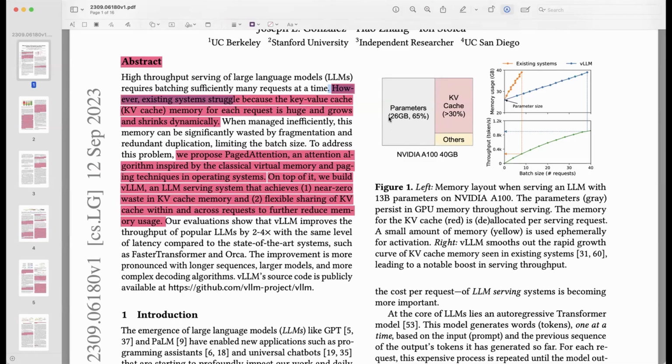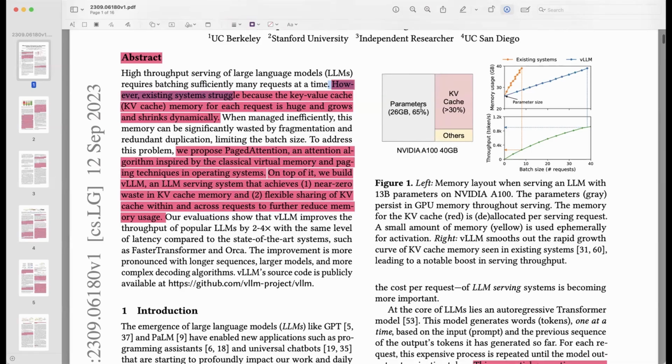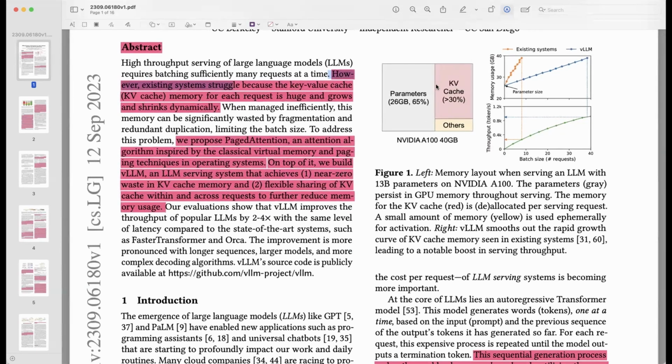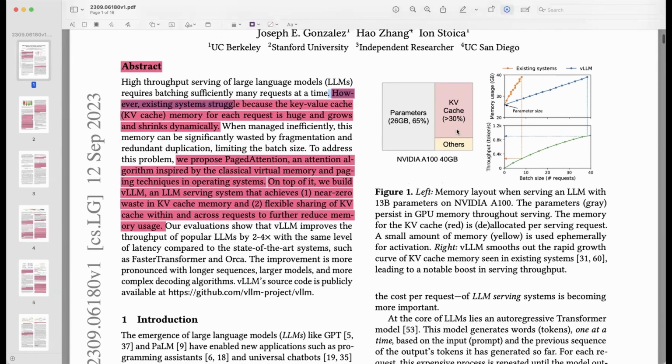If you look at the memory profile, the model they've loaded is a 13 billion parameter model. The parameters take about 65% of memory, 26 gigabytes. But the remaining 30% of the memory is used by the KV cache. The others are just activations and other stuff.